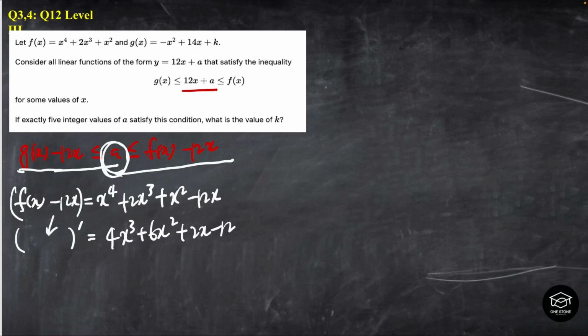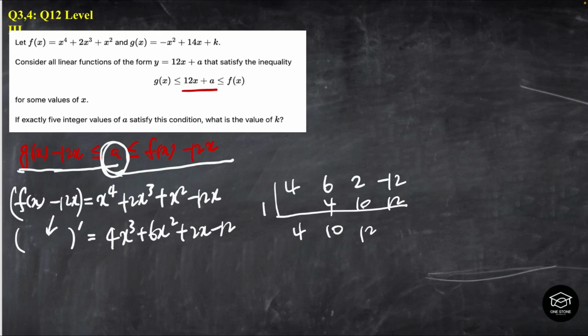Trying x equals 1, 4 plus 6 plus 2 minus 12 equals 0. Alternatively, you can solve it using synthetic division as well. So x equals 1 is a critical point.